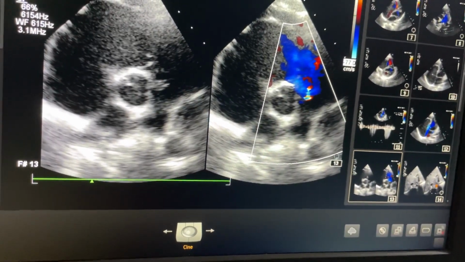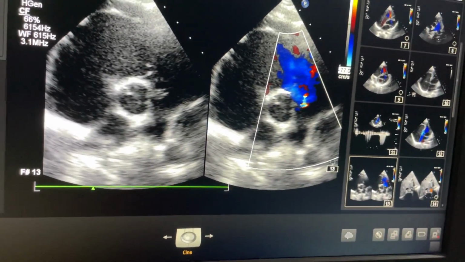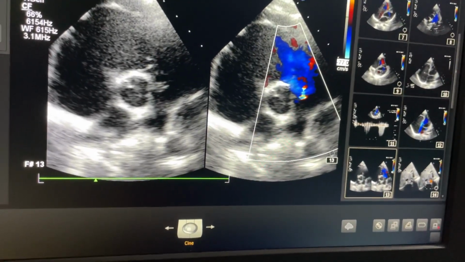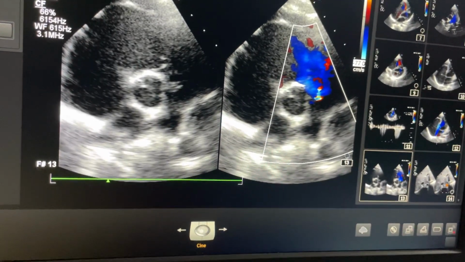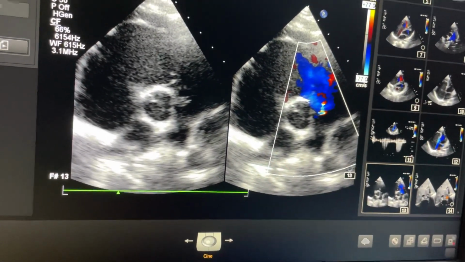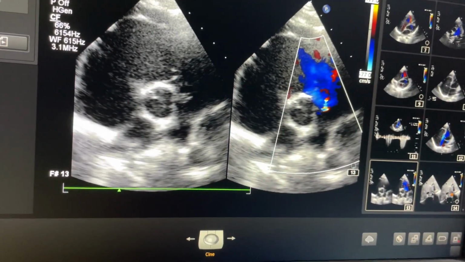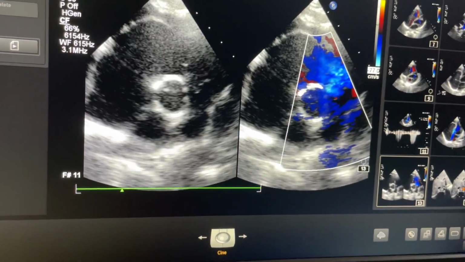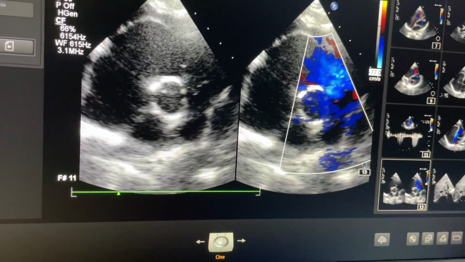So anterior leaflet of tricuspid valve has to be good for repair to occur. Whenever the free portion of anterior leaflet of tricuspid valve is significant enough, in that case you can easily repair it. The free portion of tricuspid leaflet has to be a good one. So in this case, you see the free leaflet is quite good.